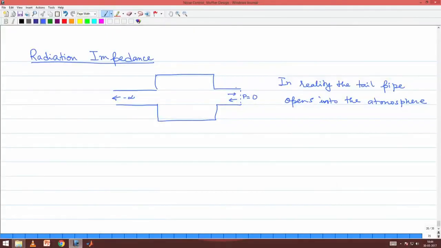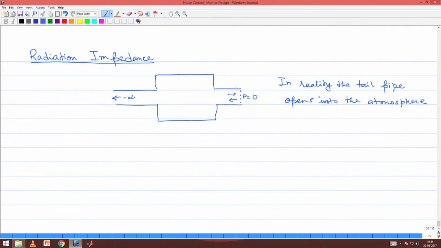If the analysis proceeds with the boundary condition that P equals 0 at the tailpipe, then the trouble is there is virtually no sound transmission beyond the tailpipe, which means that you basically do not need to do anything, just by itself the sound that will come out of the exhaust should get killed, but that does not happen.